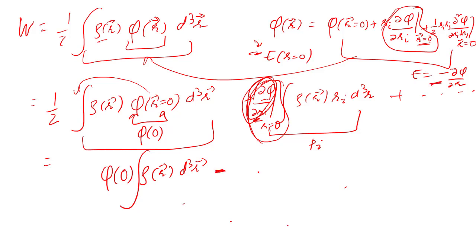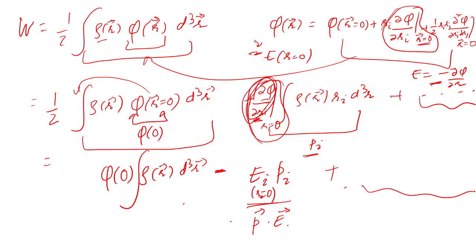So I have negative Ei times Pi, and this is Ei at r is equal to 0. Or I can just write this as minus P dot E. Similarly, you could do the same thing with the quadrupole moment, like how we have done before for the potential, and you can see what that term would be. So the multipole expansion is very useful in that sense.